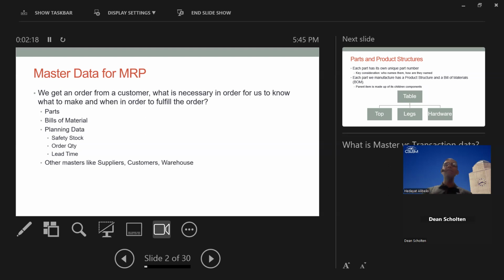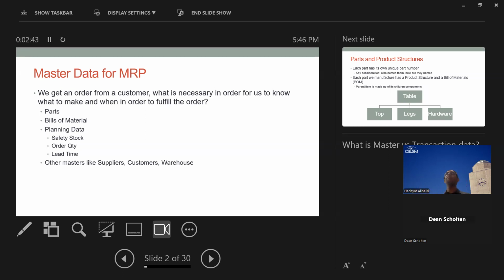What are the master data in a business database that are needed for what I just explained, the requirements and ordering? First of all, we need parts information because we are doing this for parts, right?